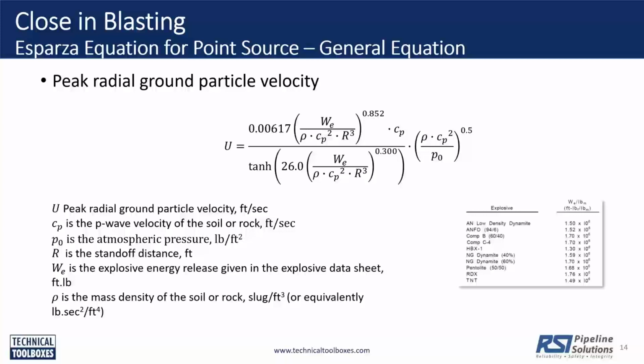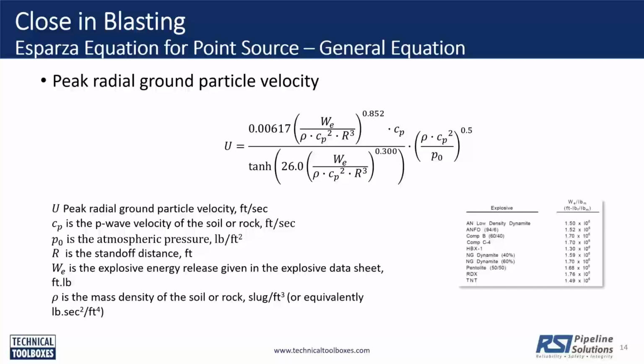And if the time interval between two blast events is more than 8 milliseconds, you can assume that each blast is going to affect the pipeline separately. So you don't have to look into the cumulative effect of them, right? So 8 milliseconds is the key time interval to remember. If the delay between individual explosions is less than 8 milliseconds, then you have to look into the cumulative effect. If it's more than 8 milliseconds, you don't have to worry about the cumulative effect.